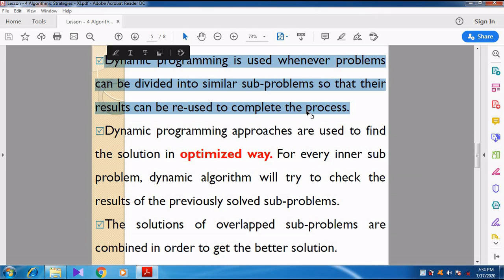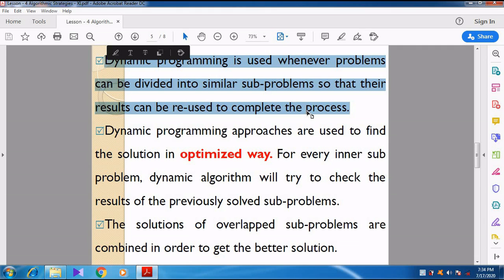For example, we take a bigger problem and divide it into smaller ones. After we find the solution for a smaller problem, if the same smaller problem arises after some time, we can use the same solution. This is what is called reusability.